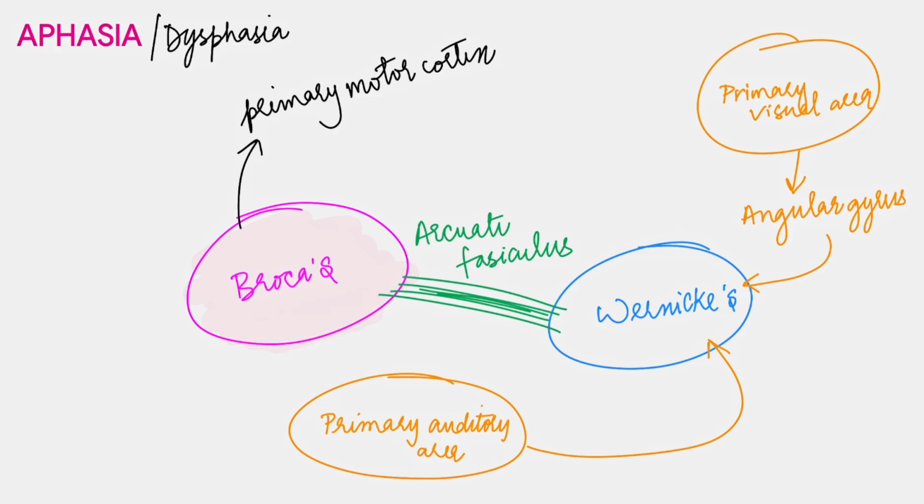One is Wernicke's area, and then the arcuate fasciculus. So, if there is a lesion to any one of these, the patient cannot repeat what you say. There'll be loss of repetition. If you just know this, you can basically figure out the rest.